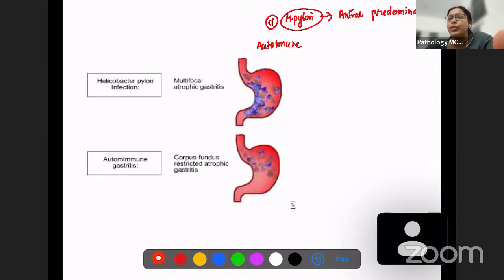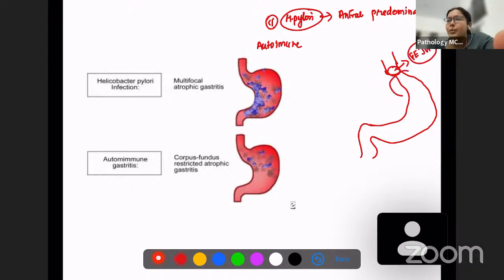What does antral predominant mean? So this is the stomach. Here is the esophagus, connecting to the stomach at the gastroesophageal junction.